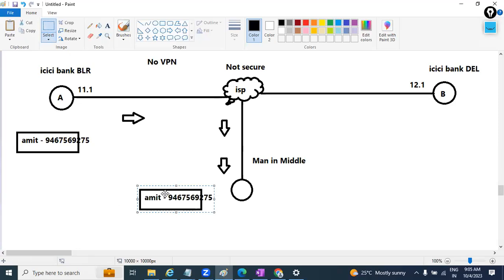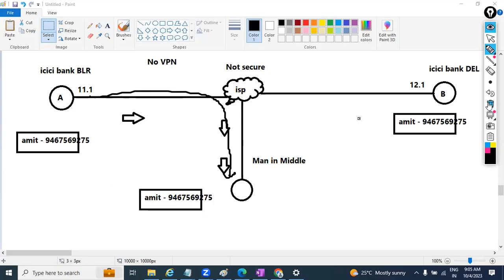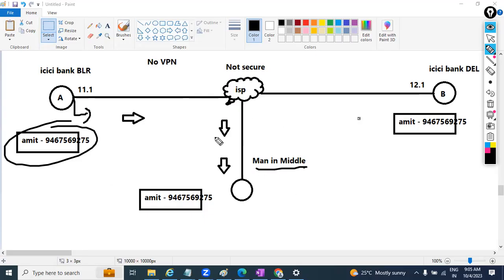So he can easily read the data, copy the data, keep it, and after that send the same data to the destination. So what is happening in between? We are sending the data in plain text, but because of the man in the middle, someone is able to sniff my data.